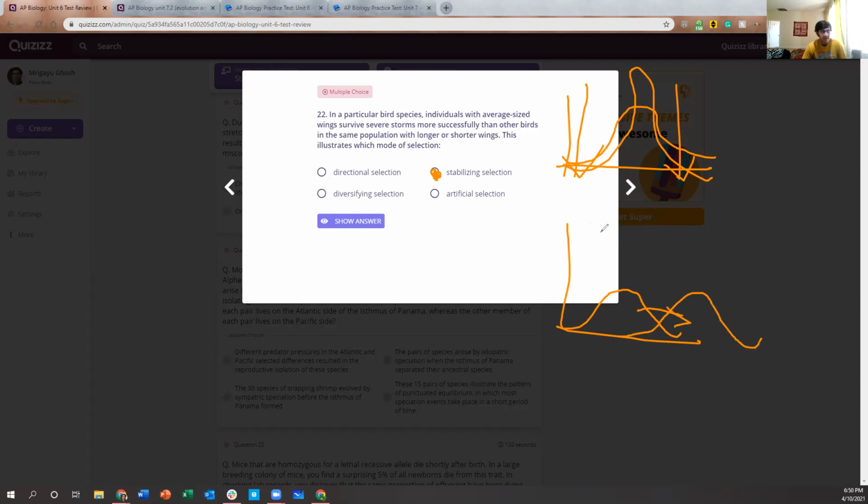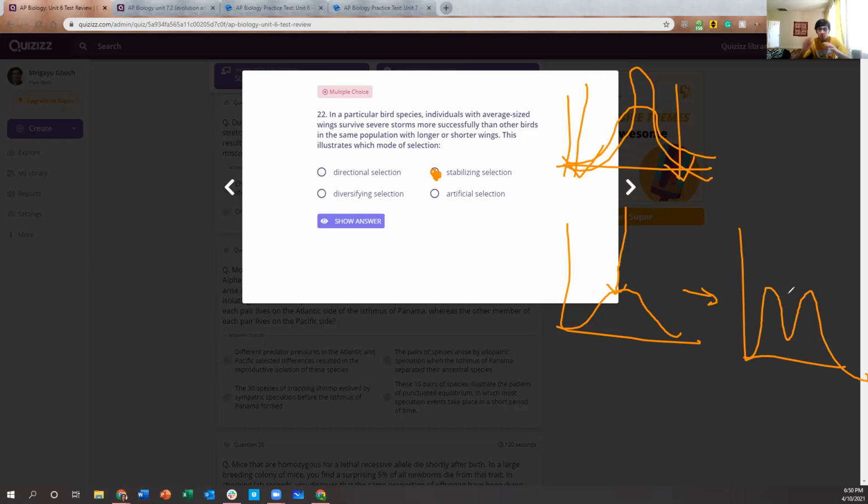And that's because there's a selective pressure on the left side. You could also argue the other way, and that's perfectly fine. That's also directional. And then the other one is disruptive. So disruptive happens when the average value is selected against. So if the average value is not selected for, then this starts looking like this.